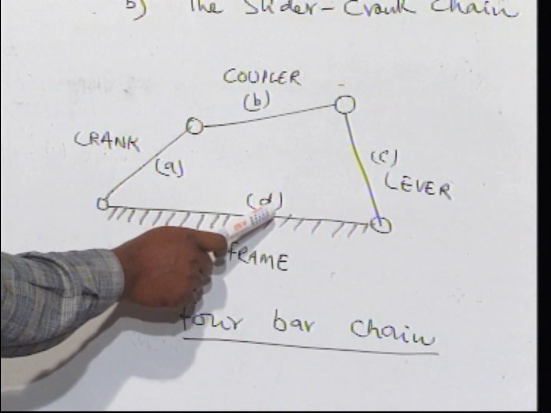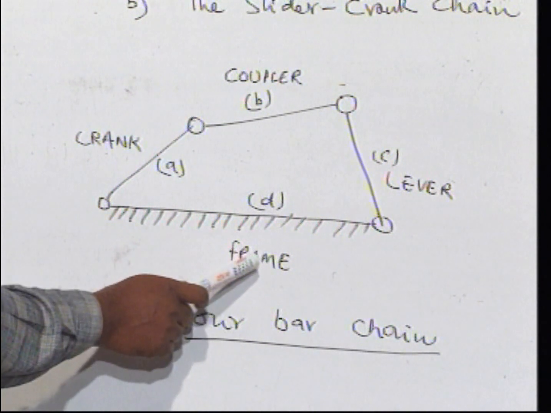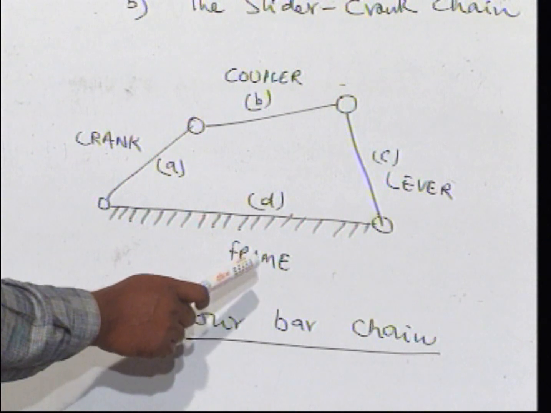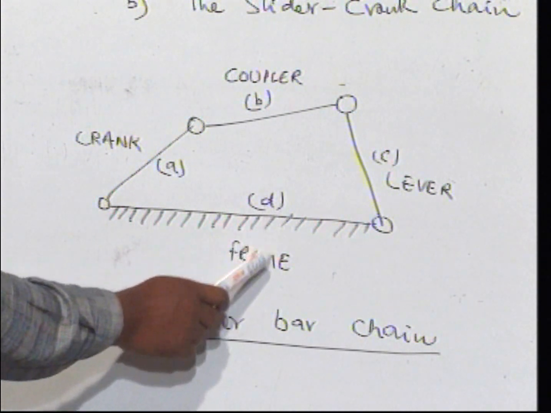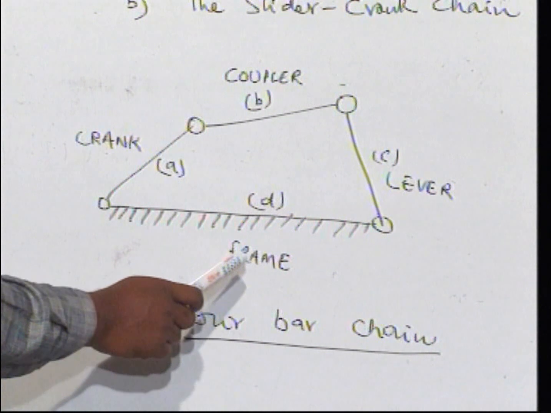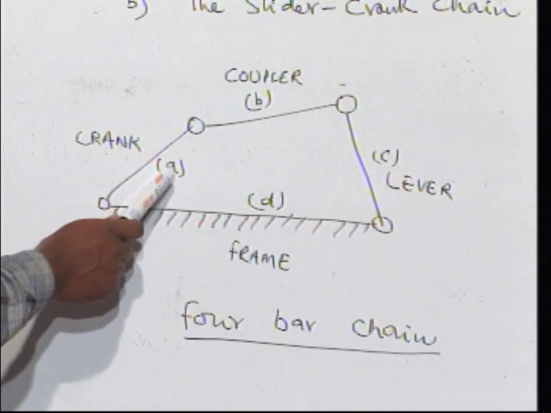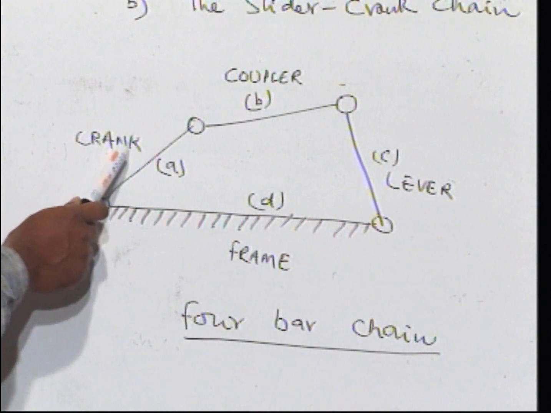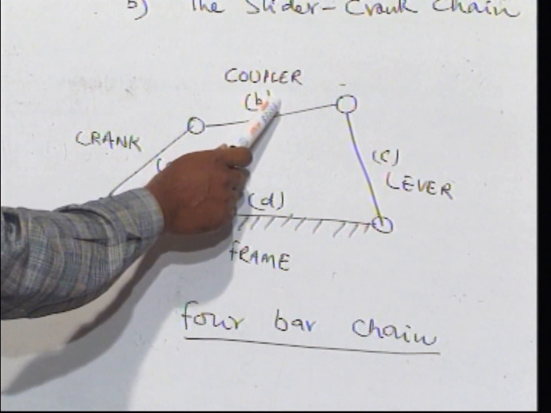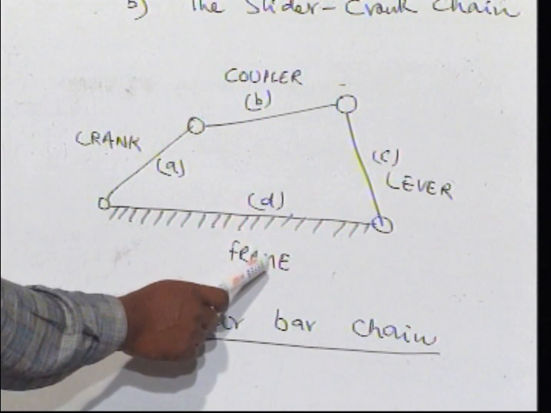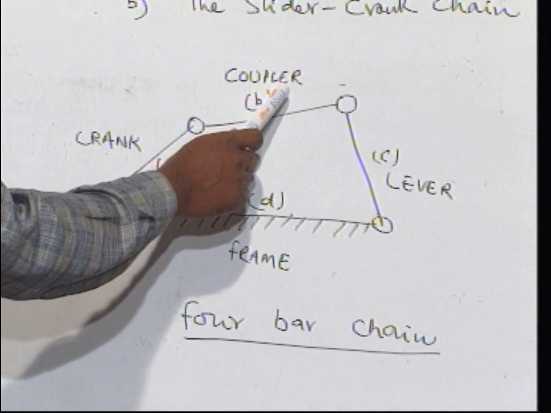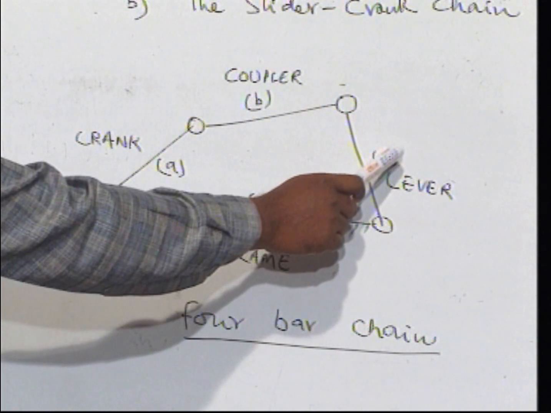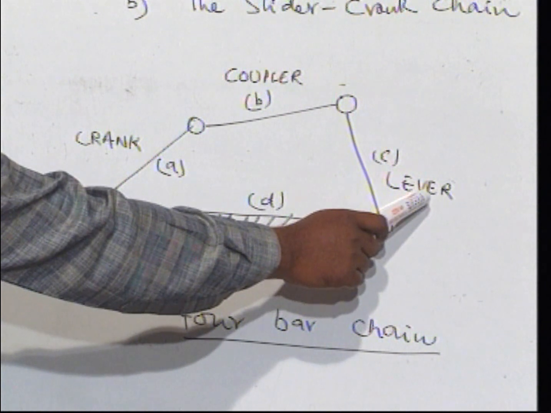It is named D here, and it is called the frame. Generally, the fixed link is termed as the frame, and link A here is the crank, and link B, which is opposite to the frame, is termed as the coupler, and link C is named as the lever.